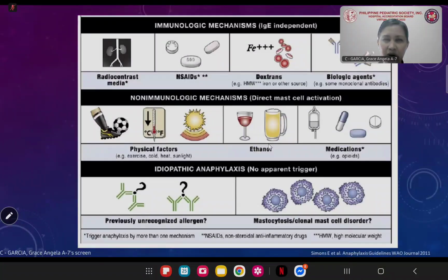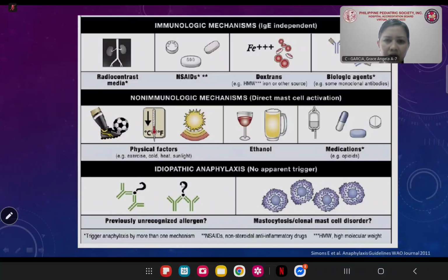That's why sometimes when you drink alcohol, you have flushing or heat, or you feel flushed. That's because of the direct mast cell activation and not coming from the allergy per se. And then physical factors, so either an increase or a decrease in the temperature, and other medications as well.